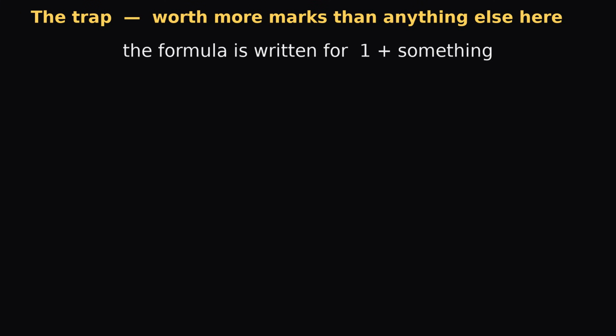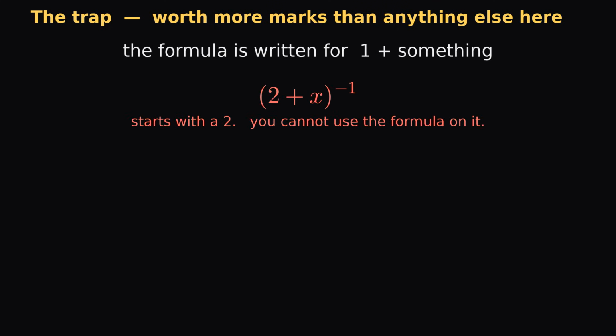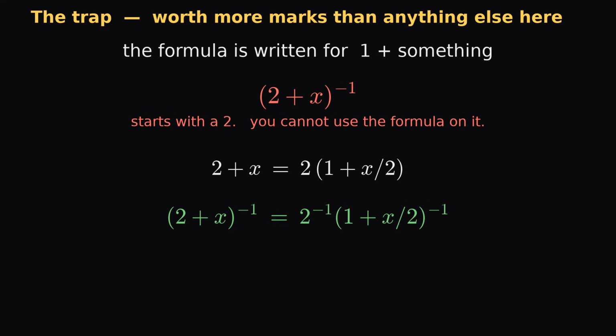And here's the trap, which is worth more marks than anything else in this video. The formula is written for 1 plus something. If your bracket starts with a 2, you cannot just use it. So take the 2 out first and carry it as a power outside. (2 + x)^(-1) is 2^(-1) times (1 + x/2)^(-1).